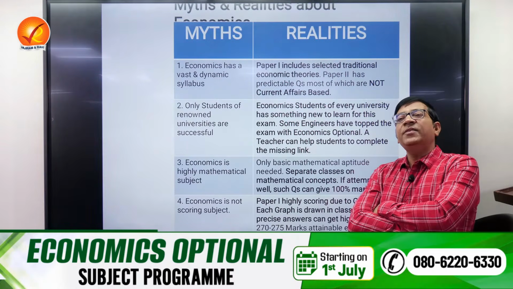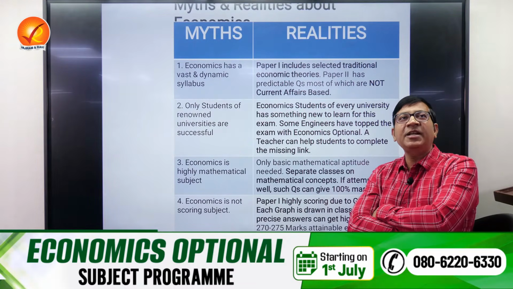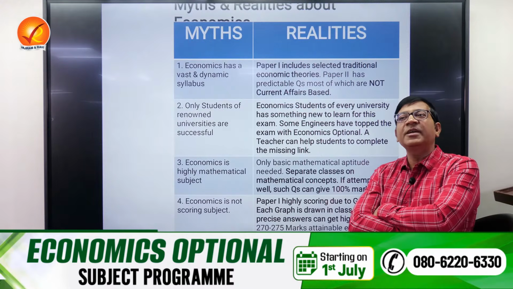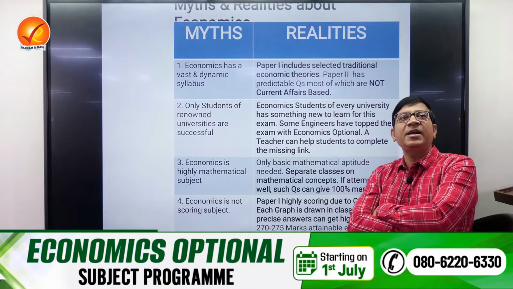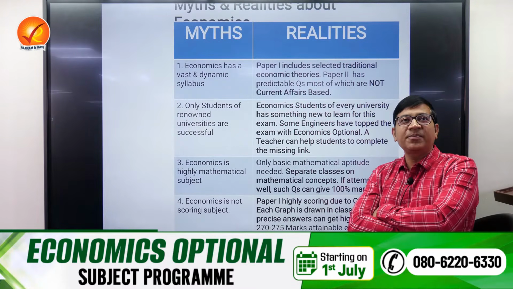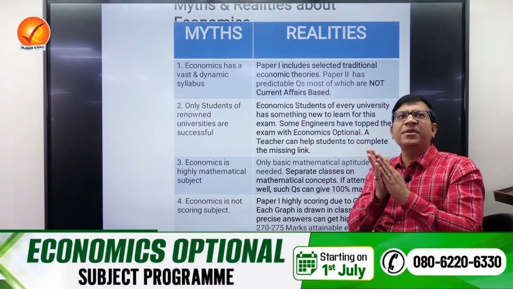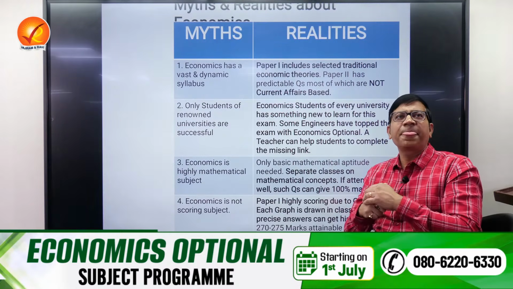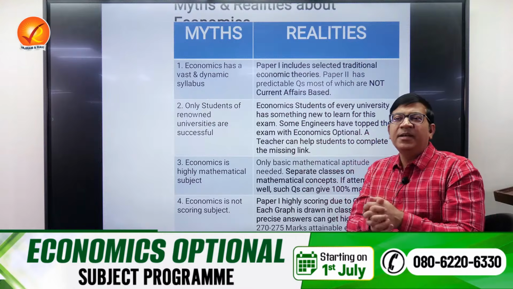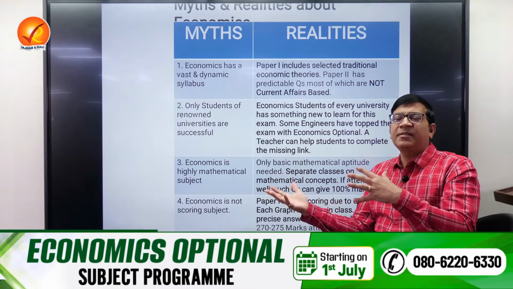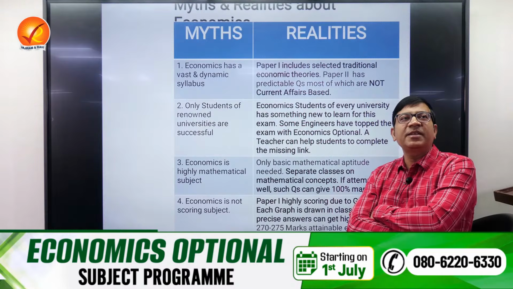If those graphs make it more comfortable for you to understand certain concepts in economics, that is one of the basic hints that you can take economics as an optional. Just like political science, the second paper of economics is descriptive, by the way. And remember, many things are overlapping. There are many things we do in economics which overlap with political science aspects.